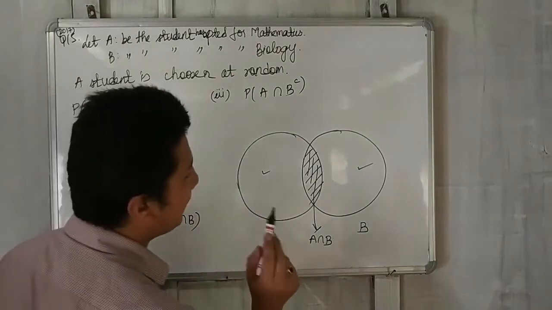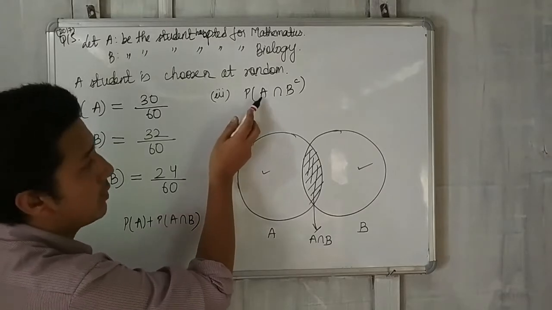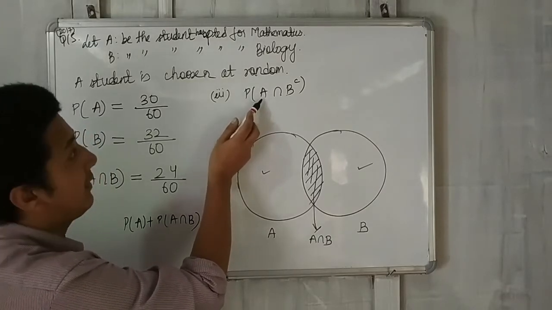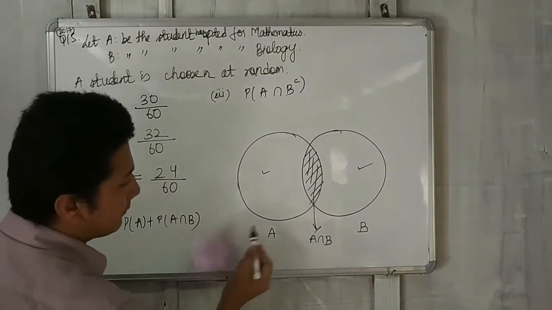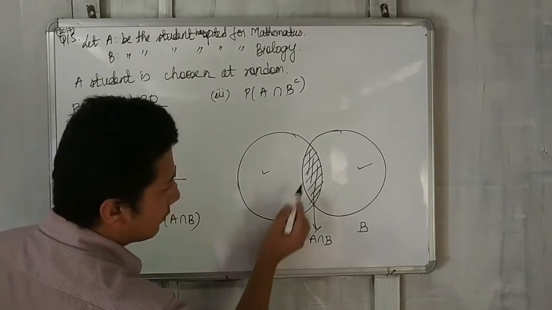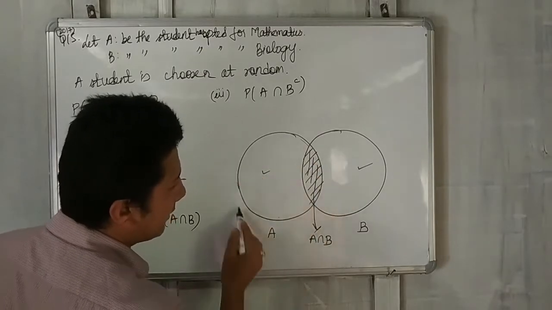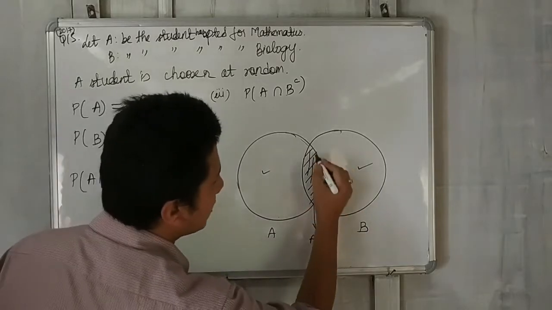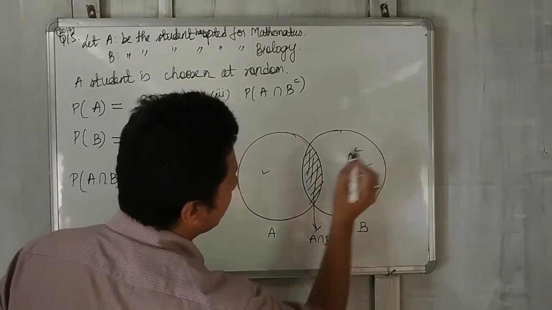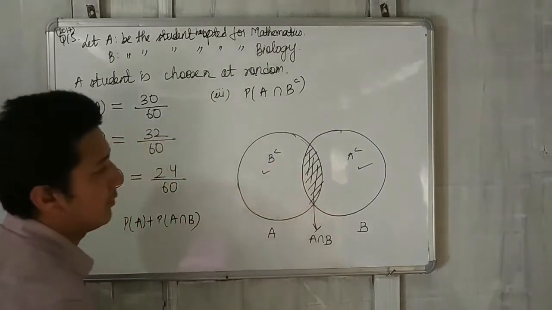Now what is the question asking me? The question is asking me to find the probability that the selected student has taken maths and not biology. So how will I do this? As this is A, from here to here it is A. Then where is my A complement? My A complement means this section, and this section is my B complement.